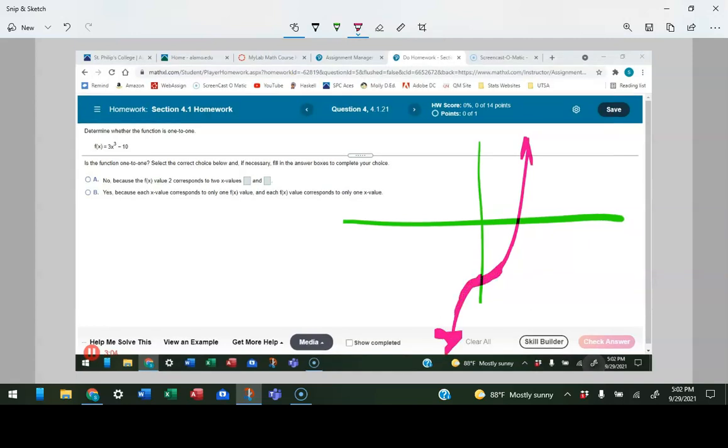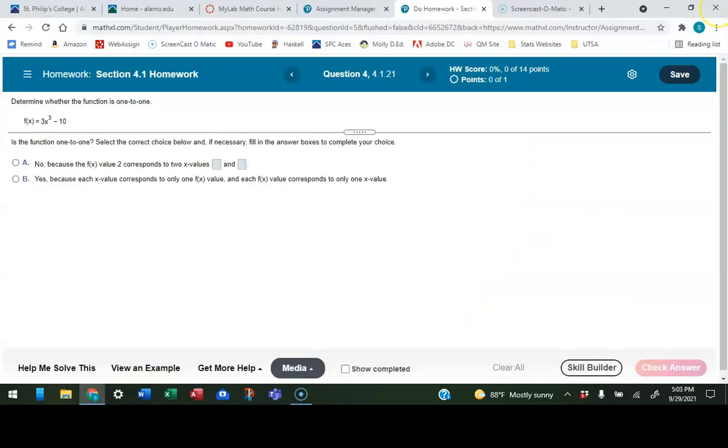So is he a function? Yes, he is. So he passes the vertical line test. Does he pass the horizontal line test? Yes, he does. And so every x value corresponds with one y, and every y value corresponds with a single x. So he passes both, so he is one-to-one.